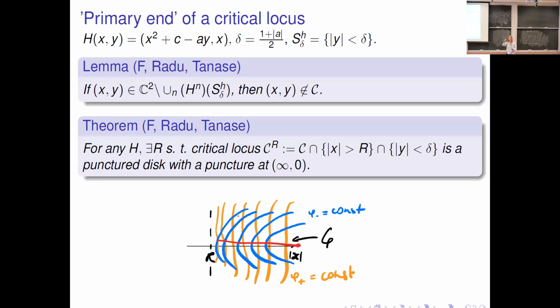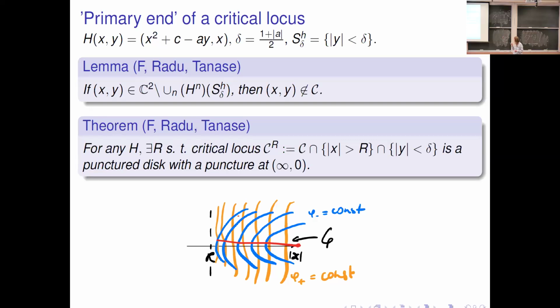So it means that we have a critical locus there. And you can do this calculation, so you can show that this critical locus is asymptotic to the x-axis. And again, this is for quadratic Hénon maps, because 0 is the critical point of x squared plus c.